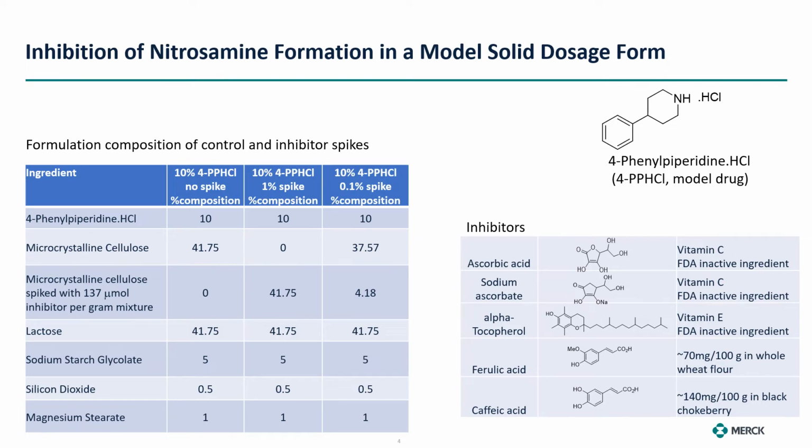What we did then, after making these tablets, we subjected them to accelerated stress at 50 C, 75% RH. Although this is a very harsh condition, we didn't want to wait a long time. So we wanted to stress them very harshly and see whether our inhibition mechanisms really work.